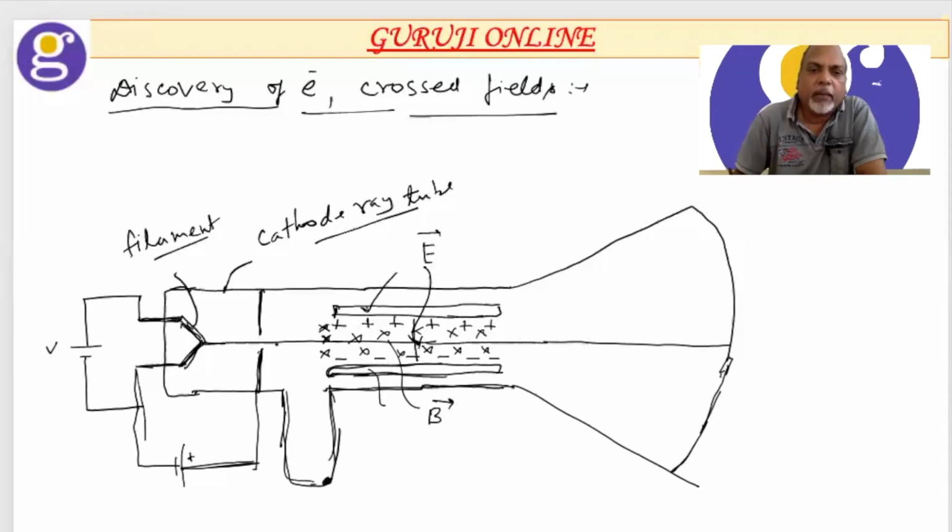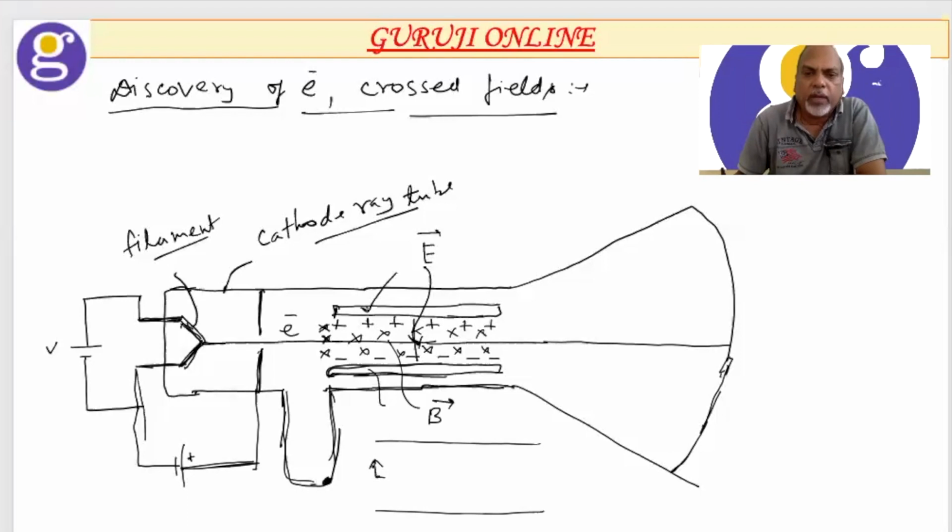So what is happening when the electron beam passes through these plates? As far as E is concerned, what will happen? Suppose these are the plates. Once the electron enters, it will experience a force in the direction opposite to the electric field, because electrons have negative charge.